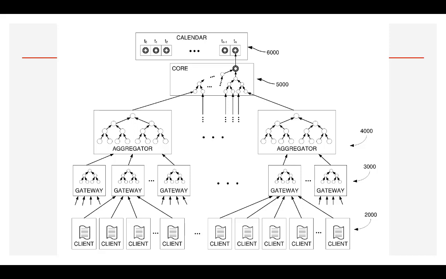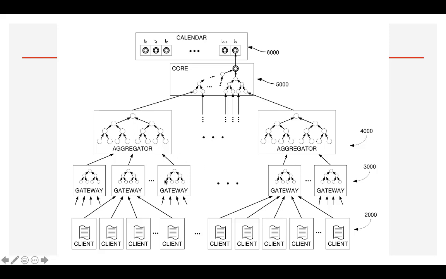So at every second, whatever is created is hashed, all the documents are hashed and put into a hash tree at the gateway. Then for the next second, the gateway will again create another hash tree and percolate it to aggregators.